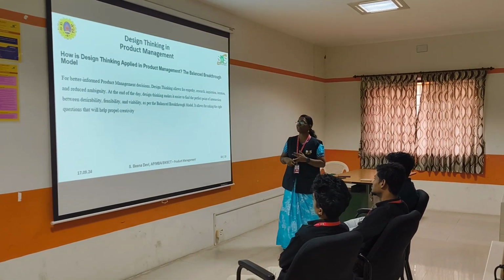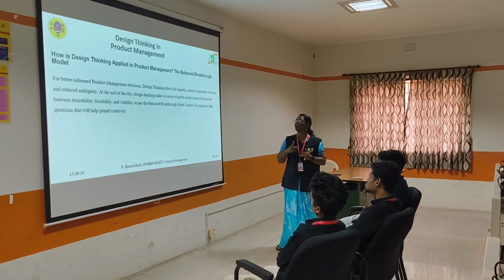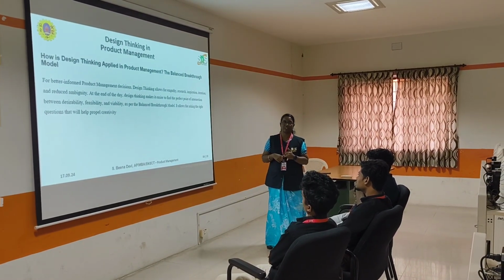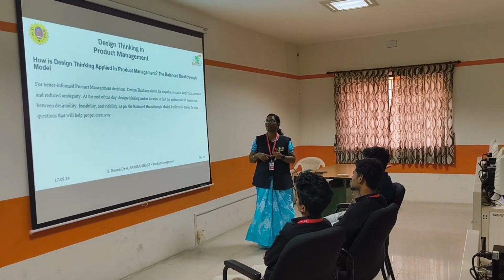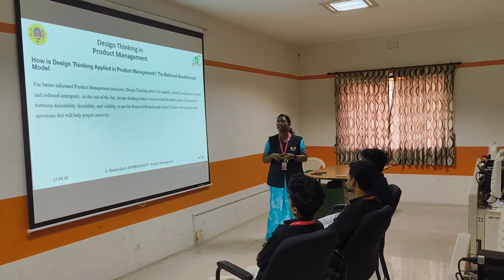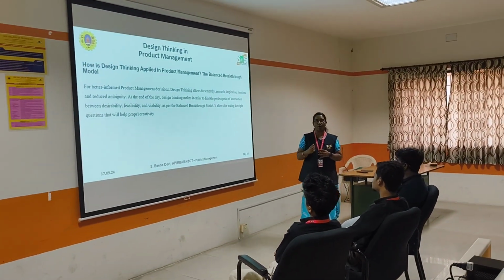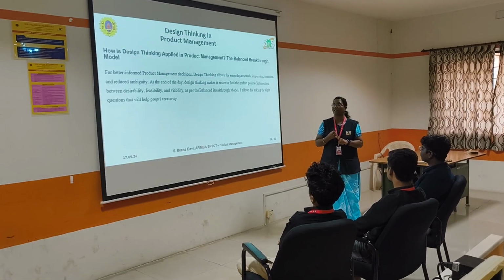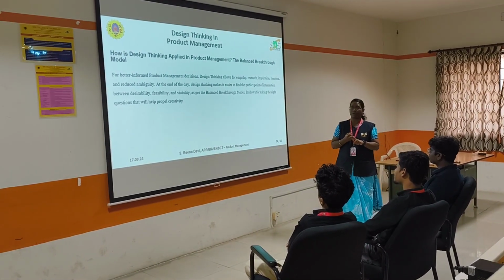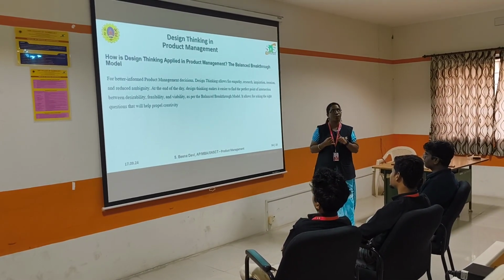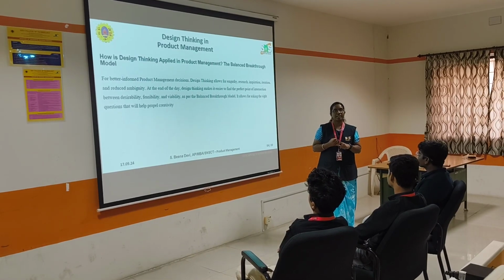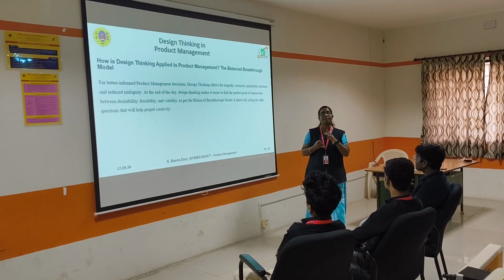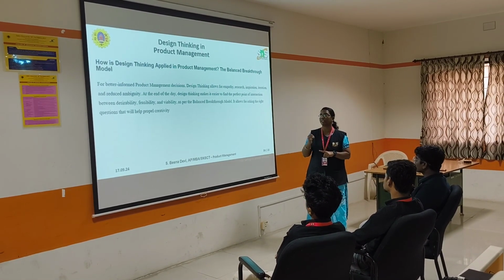At the end of the day, design thinking makes it easier to find the perfect point of intersection between desirability, feasibility and viability. We have 3 points that are very useful for the product: desirability, feasibility and viability. What is desirability? What the people want. For example, if you take a product, what the people want is the desirability.